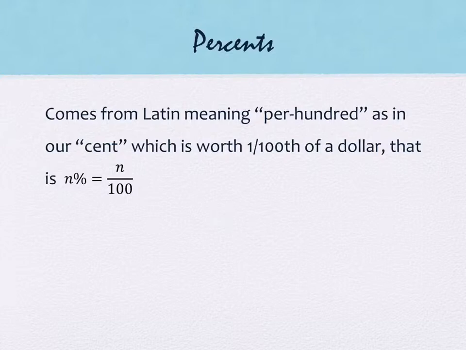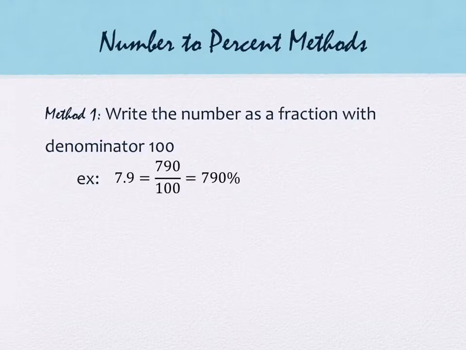Converting between numbers and percent forms of numbers is where we're looking next. I'm going to show you a couple of different ways to do this. So the first method to take a number into a percent is to write the number as a fraction with a denominator of 100. In essence, multiply by 100 over 100.